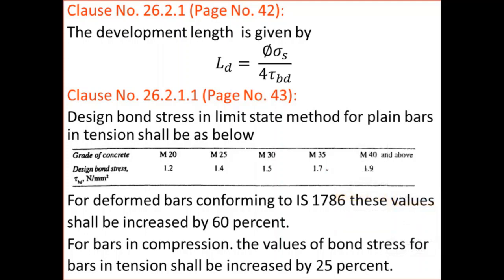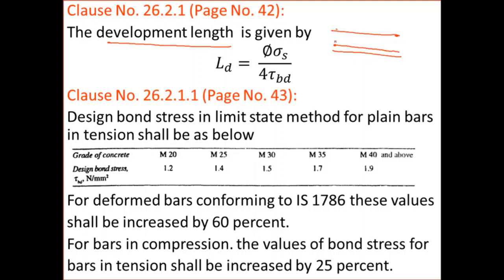Next is related to the development length. What is development length? It is the additional length which we have to embed into the support. Suppose this is the beam, and in the beam the bar is like this, and in the bar tensile stresses are there.